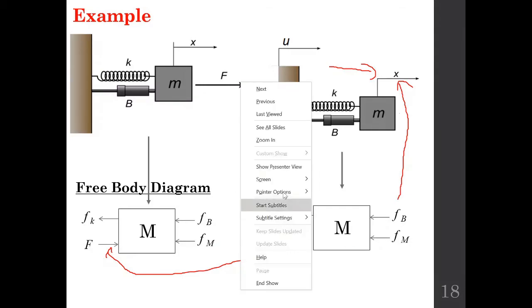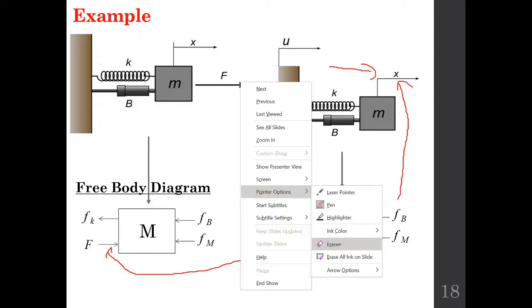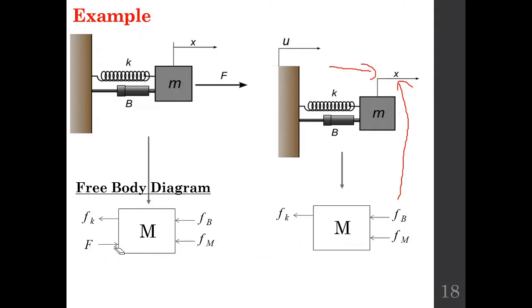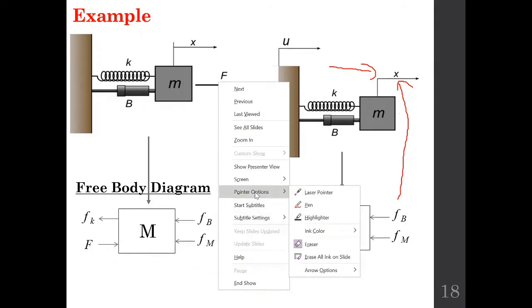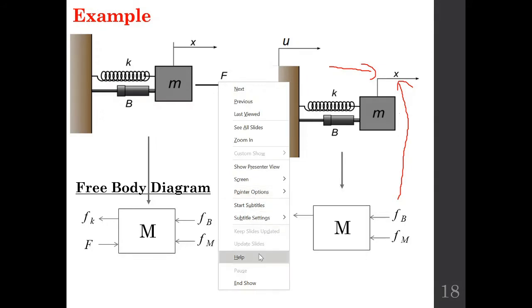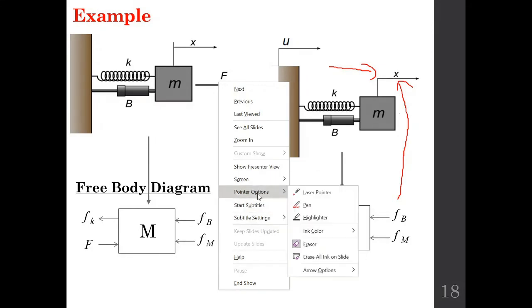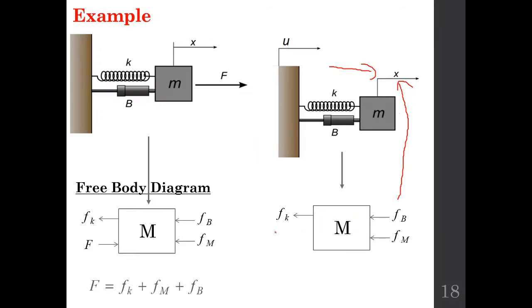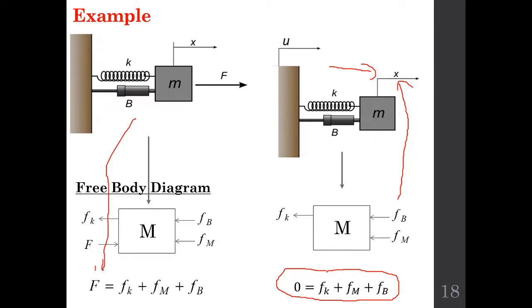Now in this case, the equation of motion for this free body diagram is equal to this. For the previous body the applied force is F, and these are the opposing forces.